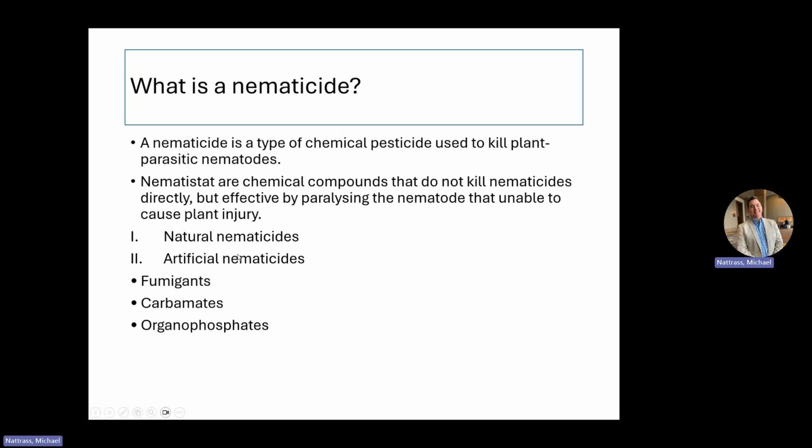So we've got natural and artificial, and our artificial are going to be our fumigants, carbamates, and organophosphates. If you remember back from our insecticides, these are also used for insects, but these are probably going to be added as a drench into the soil.